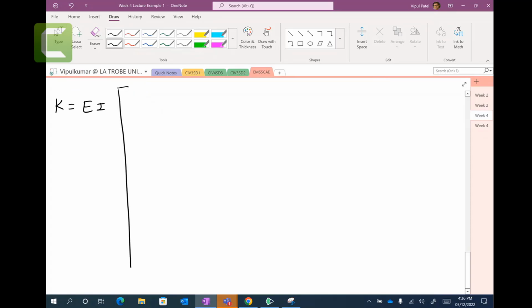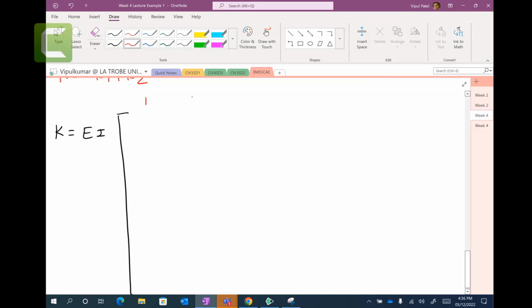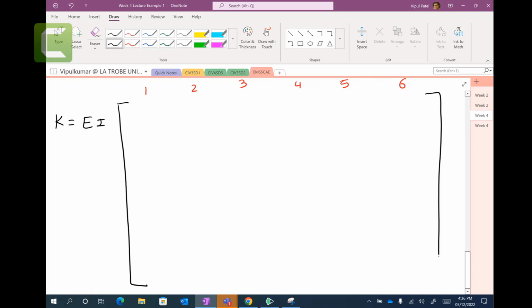And from there, you can make 1, 2, 3, 4, 5, and 6. There is a 6 by 6 matrix that you can put there.